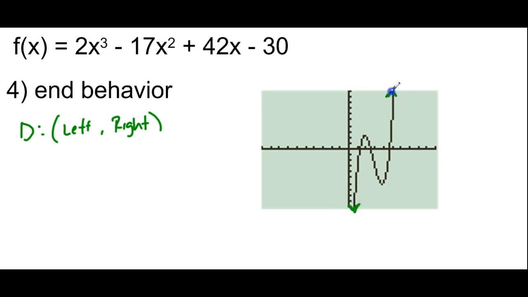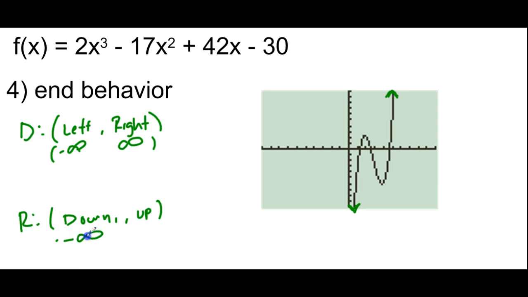I know the screen is cut off on your calculator, it doesn't really go on, but this really goes all the way, and this keeps on continuous, it doesn't stop. So if it's going left, it's negative infinity to positive infinity if it's going right. However, for the range, it's going down and then up. So if it's going down, we know that it's going to negative infinity. If it's going up, it's going to positive infinity.